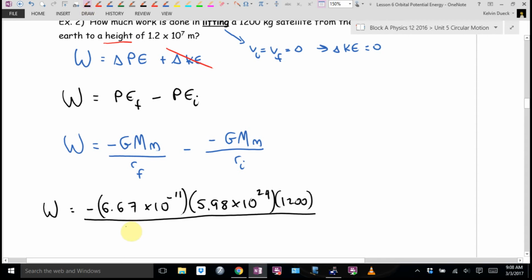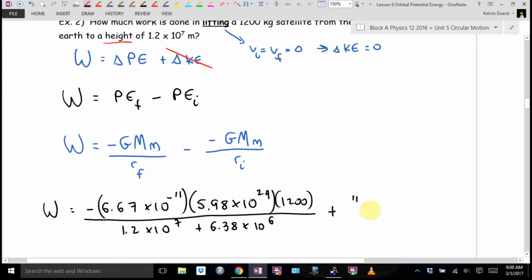Let's write down here 1.2 times 10 to the 7th plus 6.38 times 10 to the 6th. Now that's only because I gave you a height. If I had been nice and actually given you the final radius, you wouldn't have to add the radius of the Earth. What's a minus minus the same as? Plus.